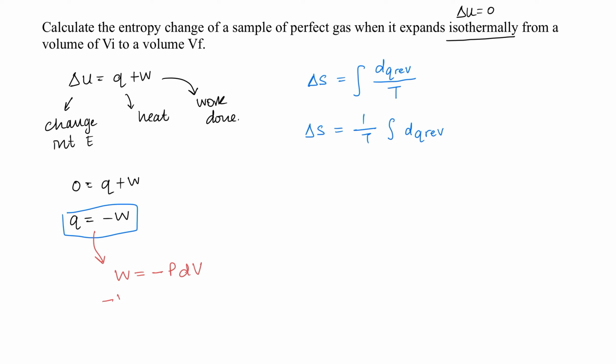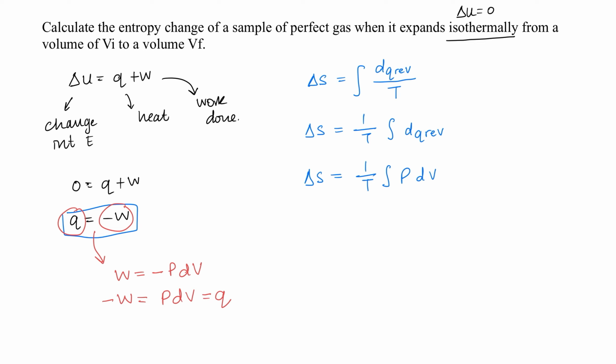So that means minus W will equal P dV. And since minus W is equal to Q, this is also equal to Q. So we can now substitute that into our entropy equation. Delta S is equal to 1 over T times the integral of P dV.